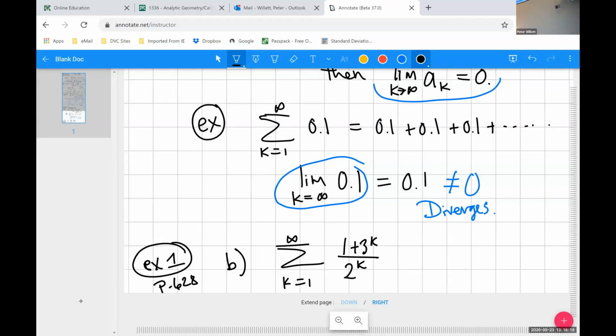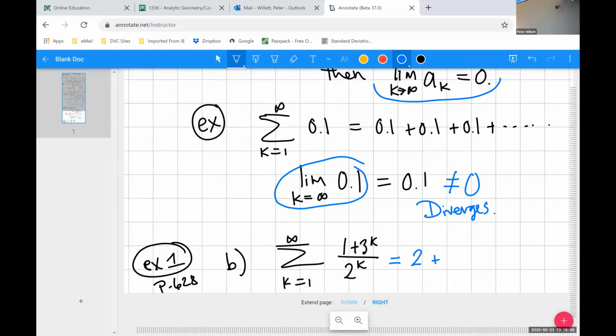So we could sort of say, well, what is this? What looks like is going on here? All right, so what's going on with these terms? As k is 1, 2, 3, 4, 5, we could be trying to figure out what's going on. If k is 1, I have 4 over 2, which is 2.